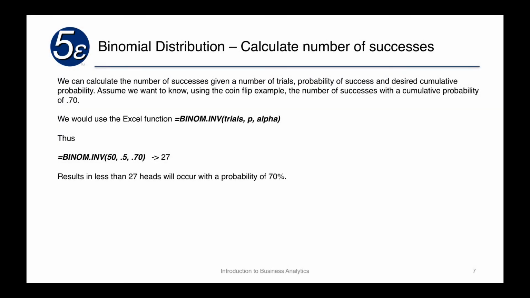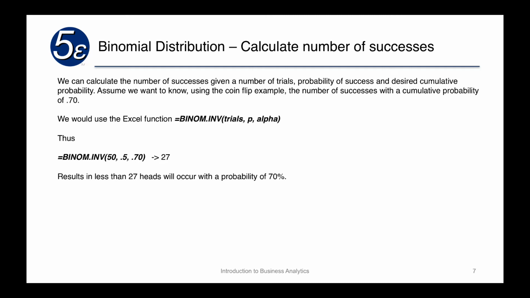So if we want to calculate the number of successes, and we're given the number of trials and the probability of success, and we know the desired cumulative probability we're looking for, we can figure it out. Using the coin flip example, say we want the number of successes with a cumulative probability of 0.70.